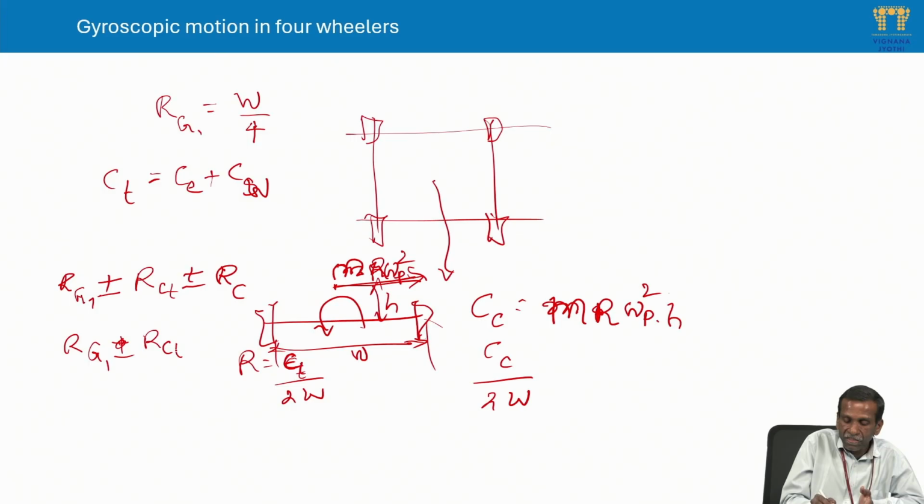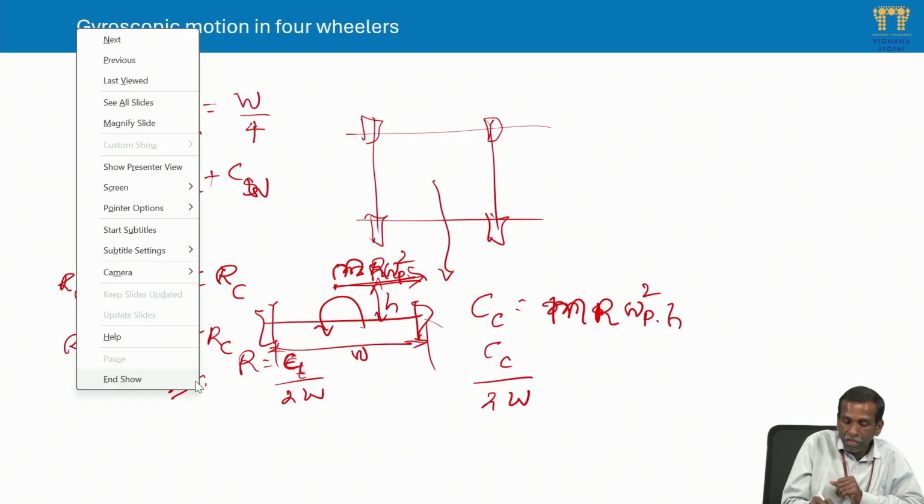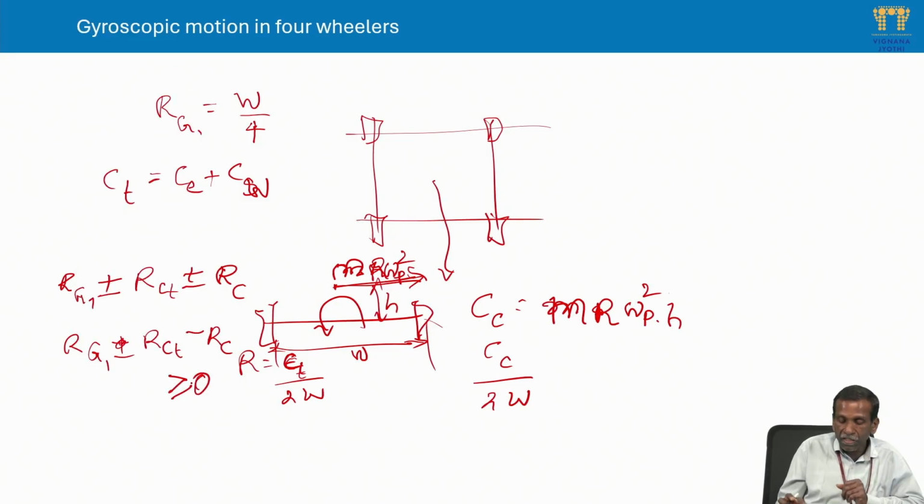This is the reaction of the ground on each front wheel, minus the reaction due to the centrifugal force which causes the couple. The total reaction must be at least equal to 0 or positive. Otherwise the front wheels are going to lift off from the ground. Using this condition, whatever unknowns we need to find, we can find.